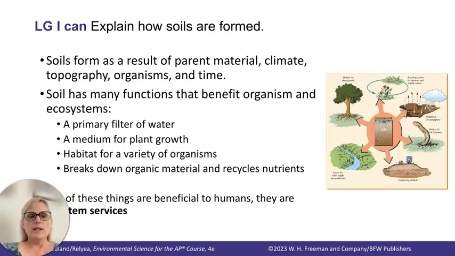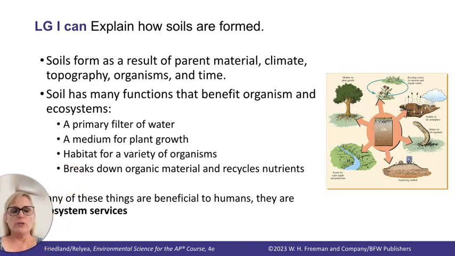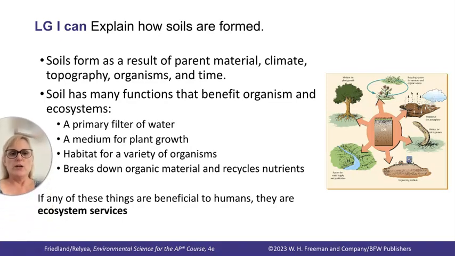All right, going on. Now, soil is super important, provides many ecosystem services that are beneficial to humans, including it filters water, it grows our plants that we need to survive.